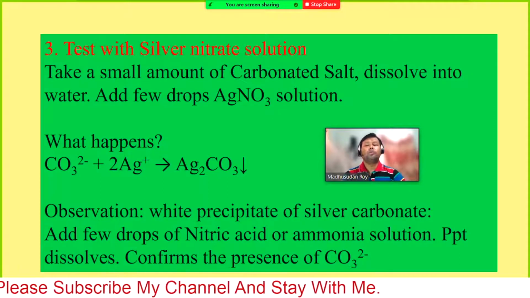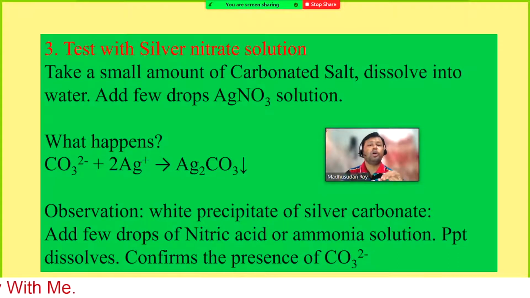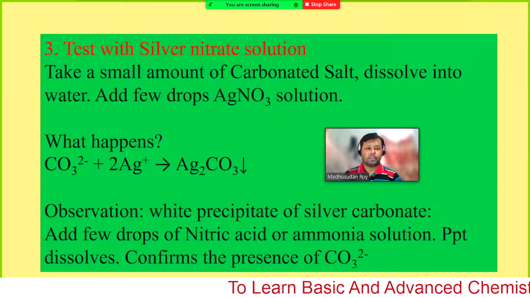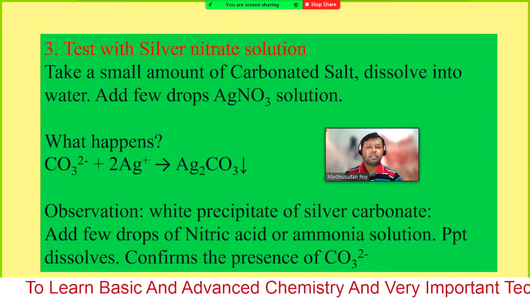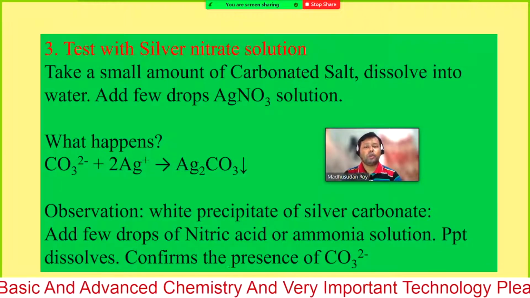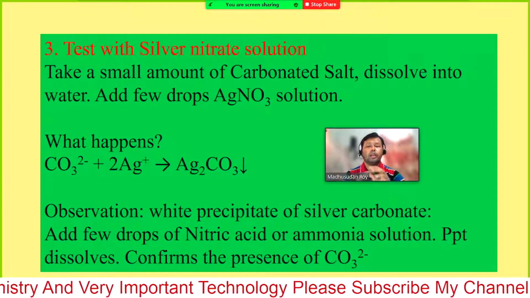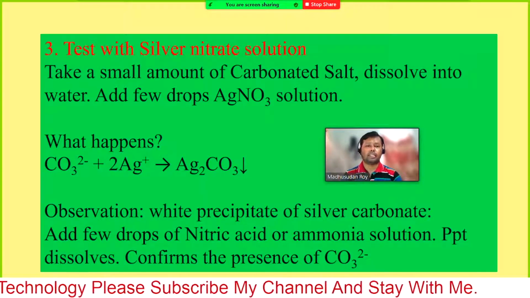Sometimes we may have a colorful solution, like copper sulfate or iron sulfate, but it should be transparent, that means a clear solution with no residue or precipitate. If there is any precipitate, you should filter it out before performing the test.